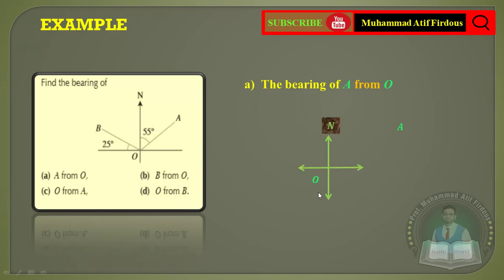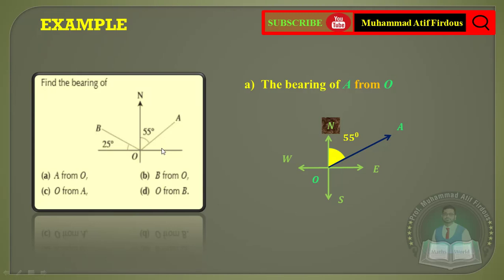This is your north, east, south, and west. And given that the angle between O and A is 55 degree.